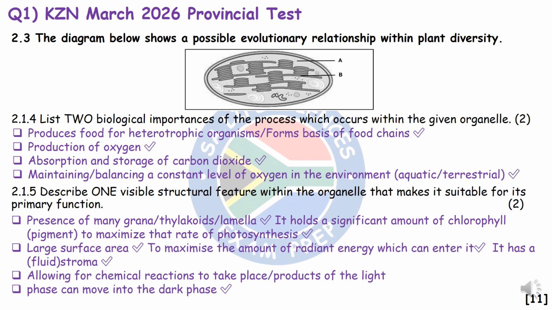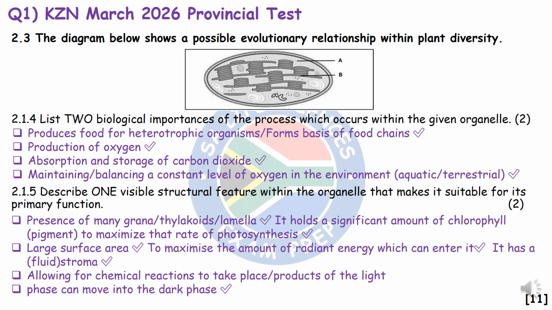So what does photosynthesis produce? It produces food for animals. It produces oxygen for animals to breathe. It absorbs carbon dioxide from the atmosphere, and it maintains a constant level of oxygen in the environment. So for this question, you can just think of the photosynthesis equation and then use that as a basis to answer your question.